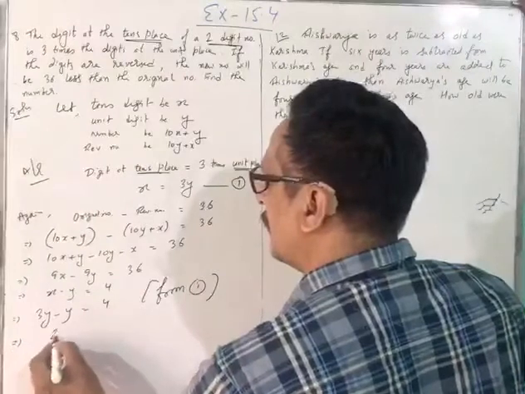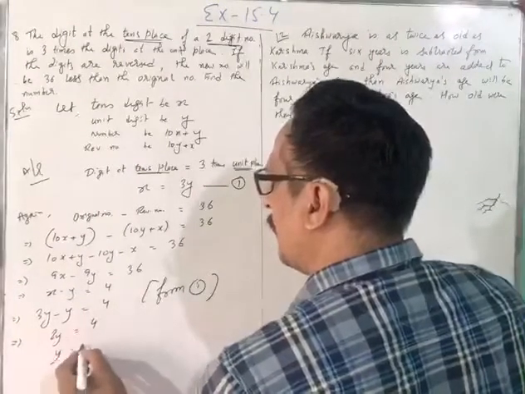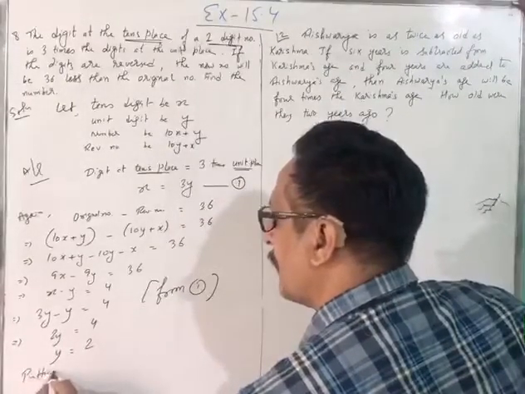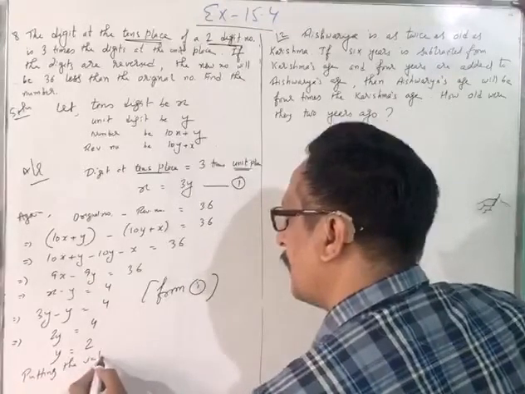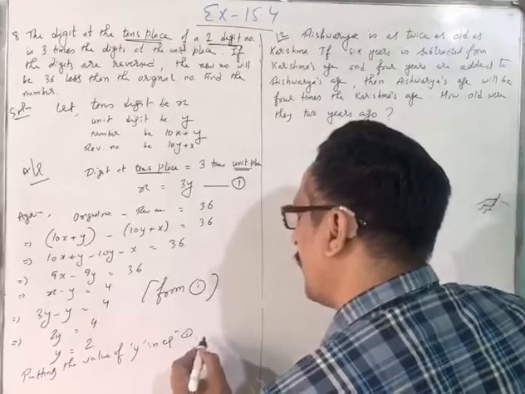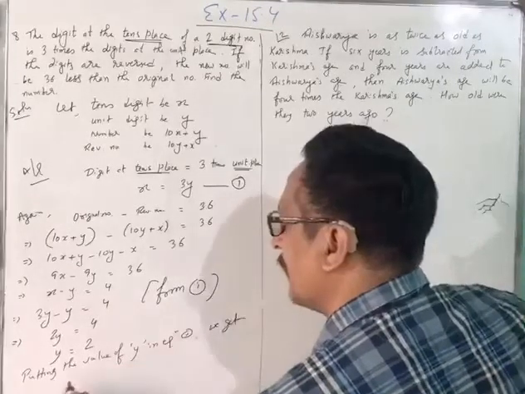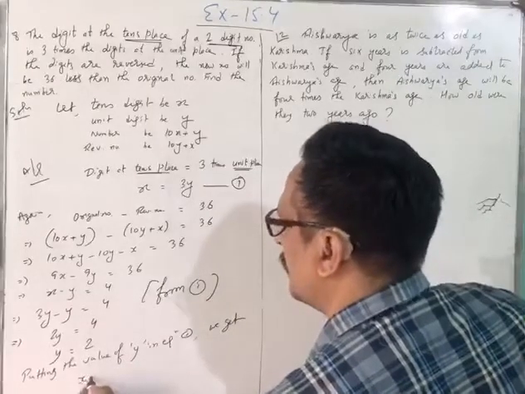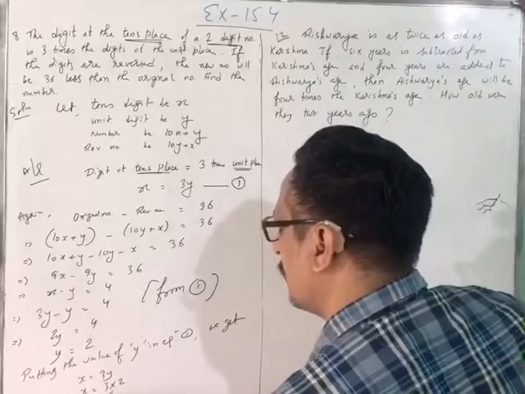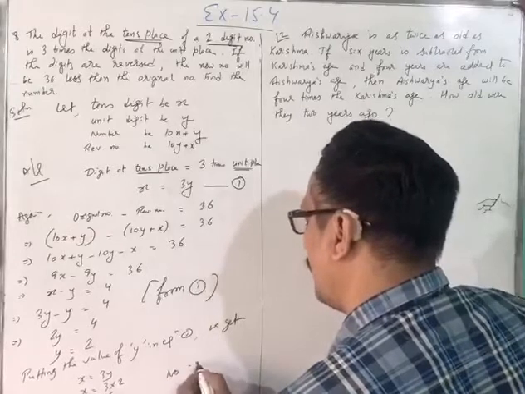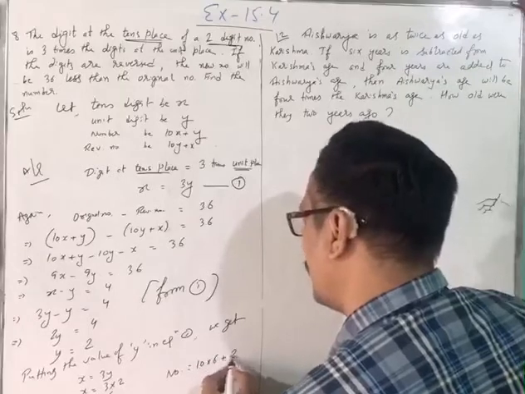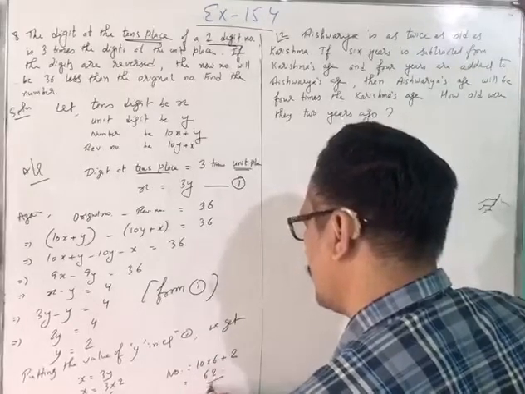Then we get 2y equal to 4. We get the value of y, y equals 2. Now putting the value of y in equation 1, we get x equal to 3y. x equals 3 into 2, which means 6. This means your number will be 10 into 6 plus 2. This means you get 62 as the answer.